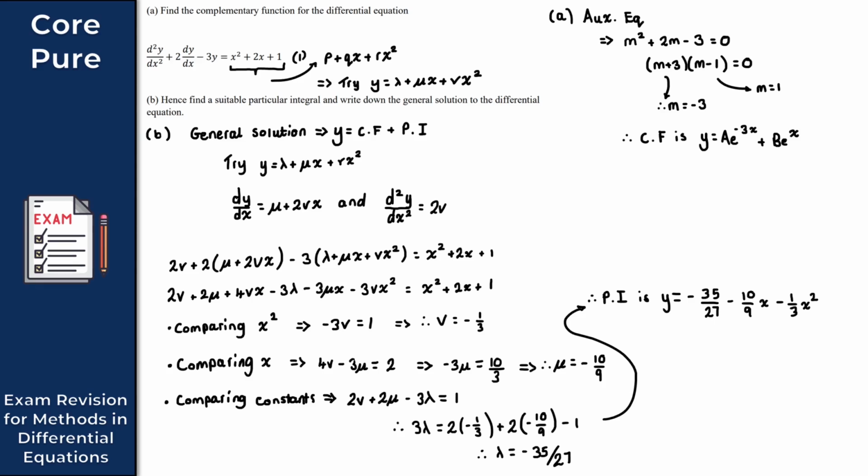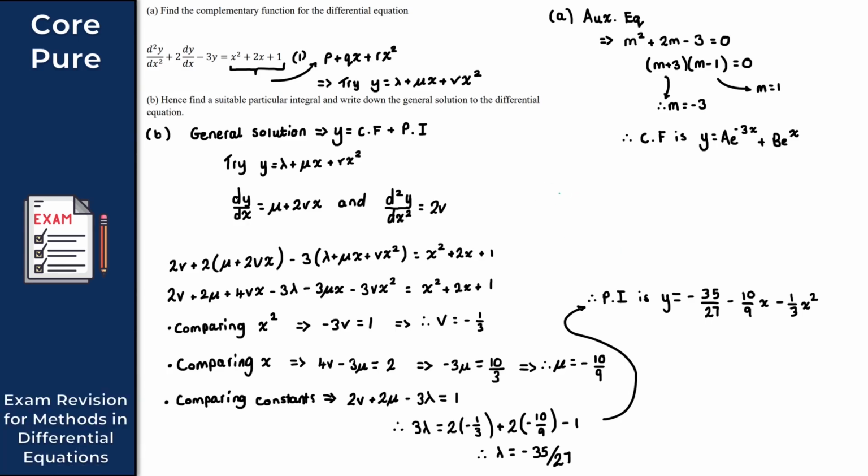At this point we're pretty much complete. Don't forget that the general solution is simply the sum of the complementary function and the particular integral. To finish, let me quickly do that in a different color, in green.